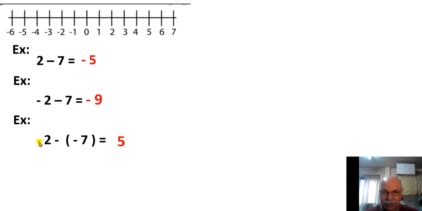Minus 2 plus, because this minus times minus is a plus, minus 2 plus 7, 1, 2, 3, 4, 5, 6, 7. That's why 5. With a minus symbol, we decrease, you go up from this way.